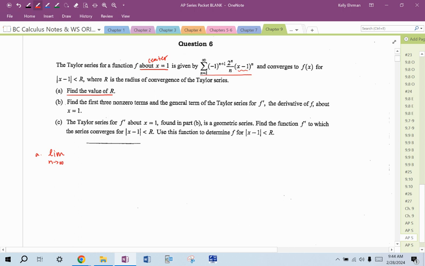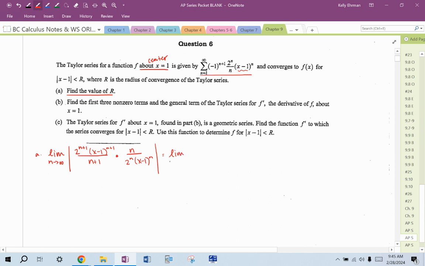Limit as n approaches infinity of the absolute value, so we ignore the -1 part for now, of the n plus 1th term, 2 to the n plus 1 times x minus 1 to the n plus 1, all over n plus 1, divided by the nth term. Instead of having a complex fraction, we multiply by n over 2 to the n times x minus 1 to the n.